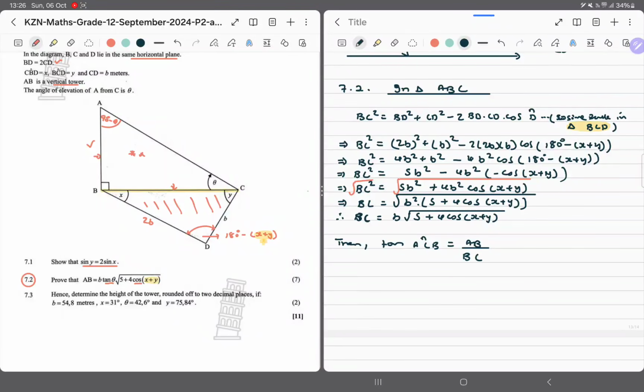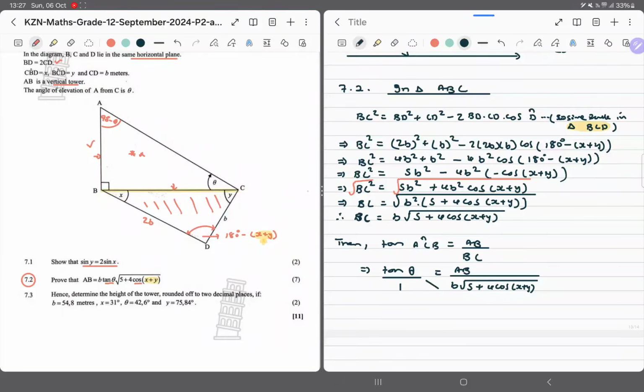Great. So what is this? We simplify, tan theta is equal to AB, what we want, over this dude, B square root of 5 plus 4 cos of x plus y. Now this is over 1.